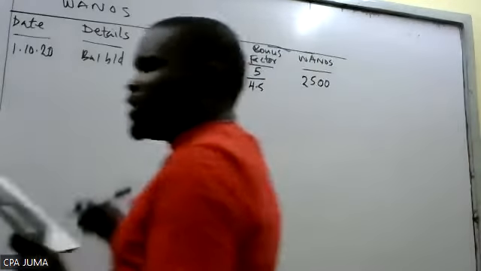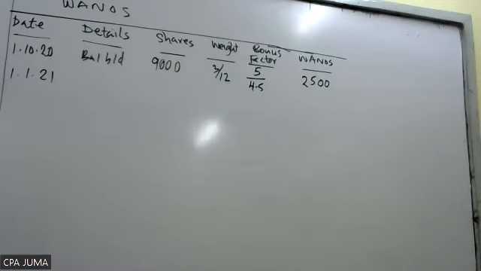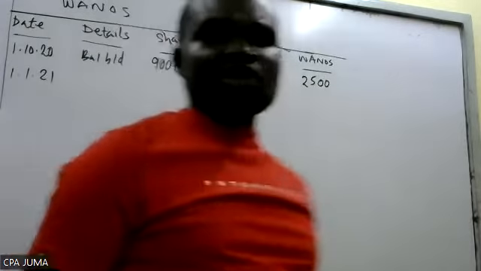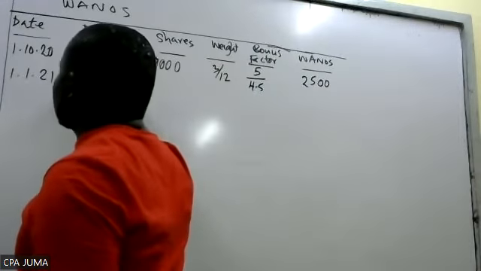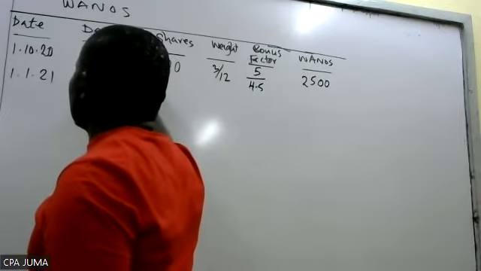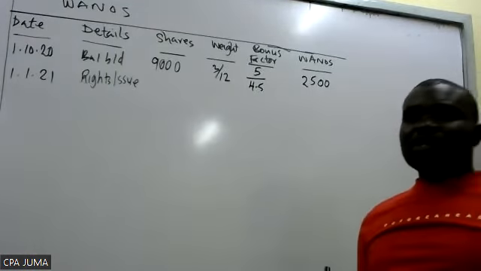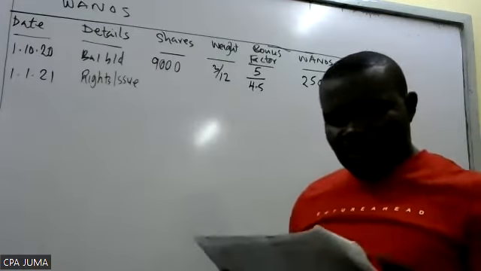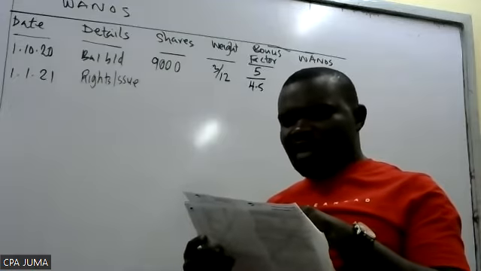So the next date is 1st January 2021. What happened? Rights issue. So for the rights issue, go back to that note. The company issued 1.8 million ordinary shares in a one for five rights issue.